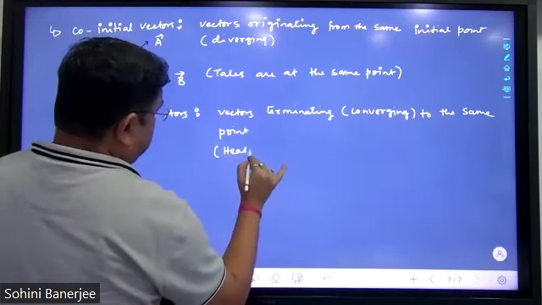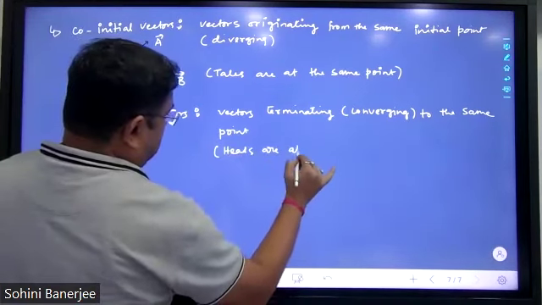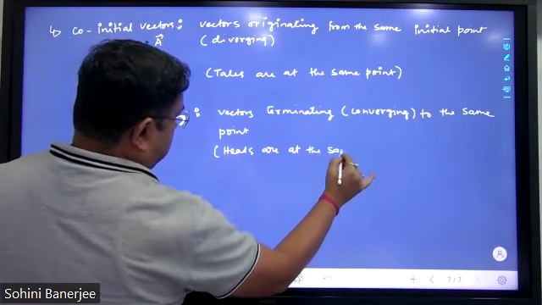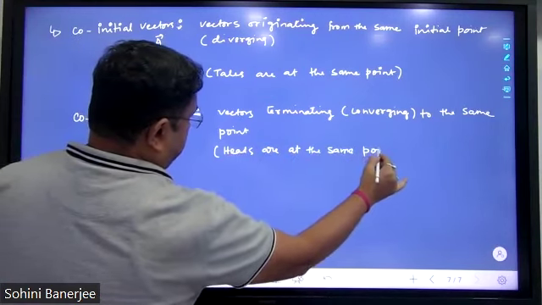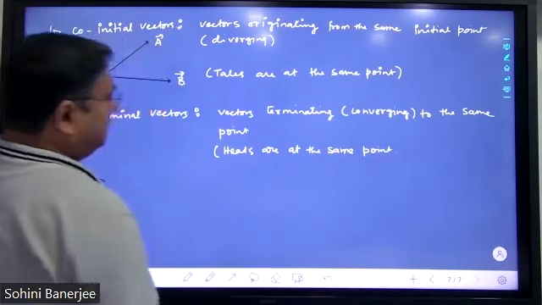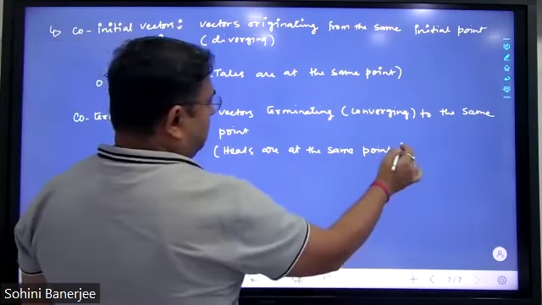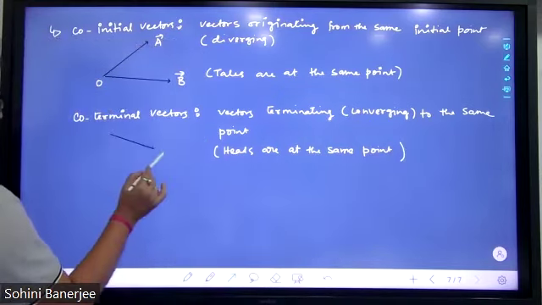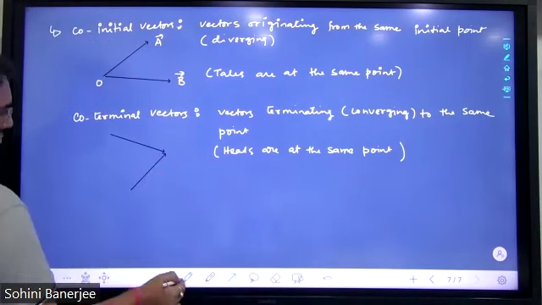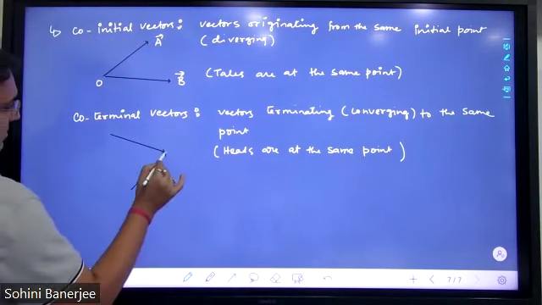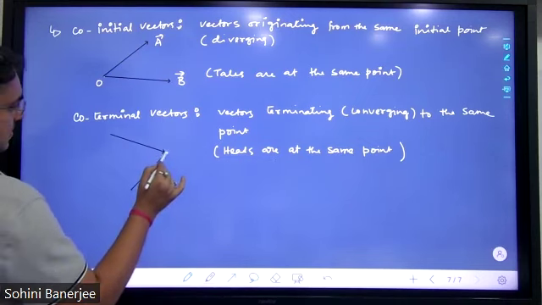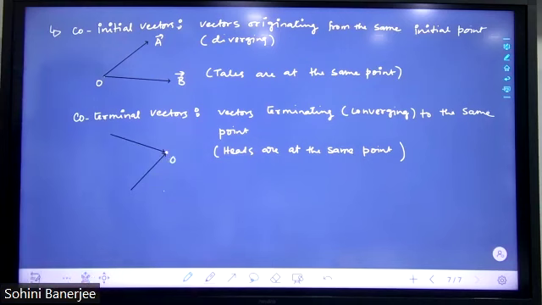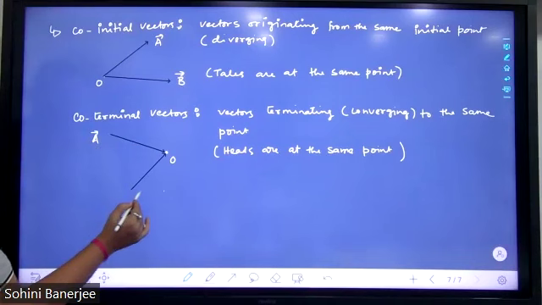It means heads are at the same point. Both are terminating at the same point too. The heads of the vectors are at the same point. They are co-terminal.